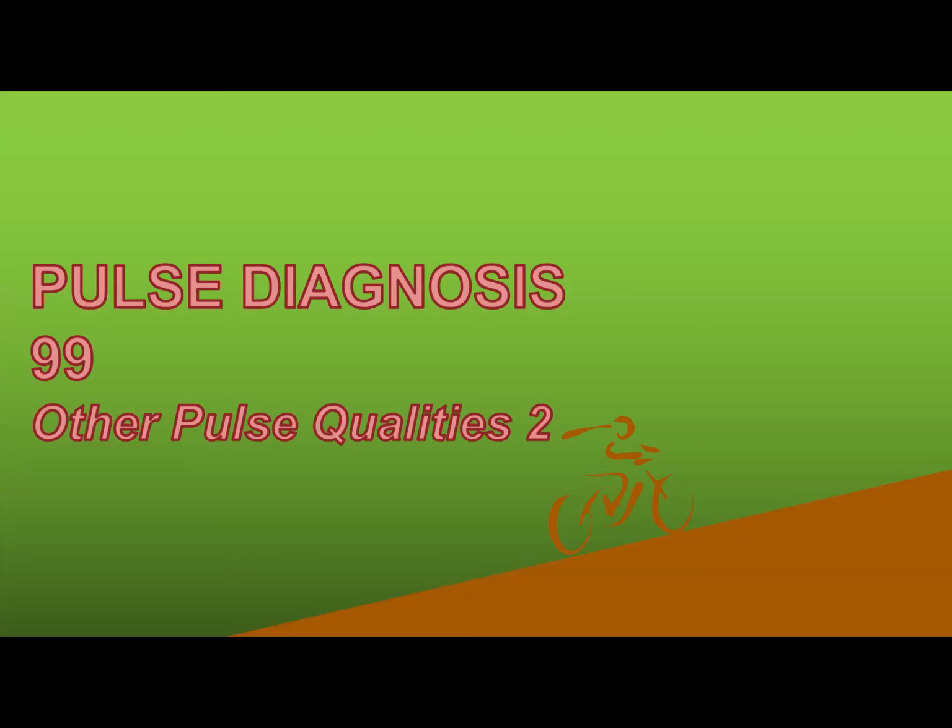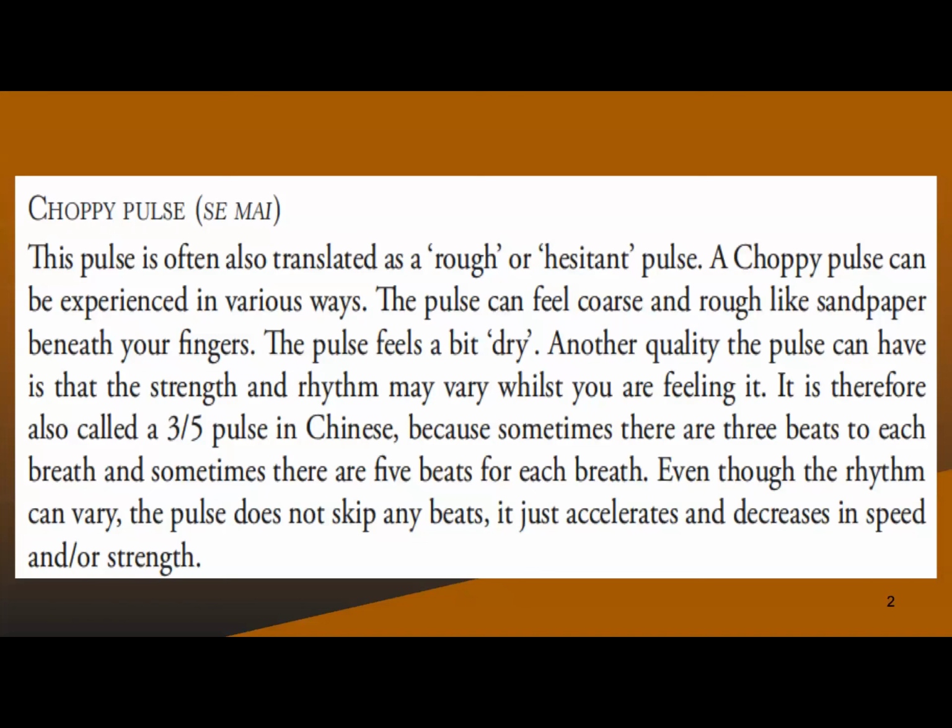We continue our study of pulse diagnosis, other pulse qualities. Choppy pulse. This pulse is often also translated as a rough or hesitant pulse. A choppy pulse can be experienced in various ways. The pulse can feel coarse and rough like sandpaper beneath your finger.